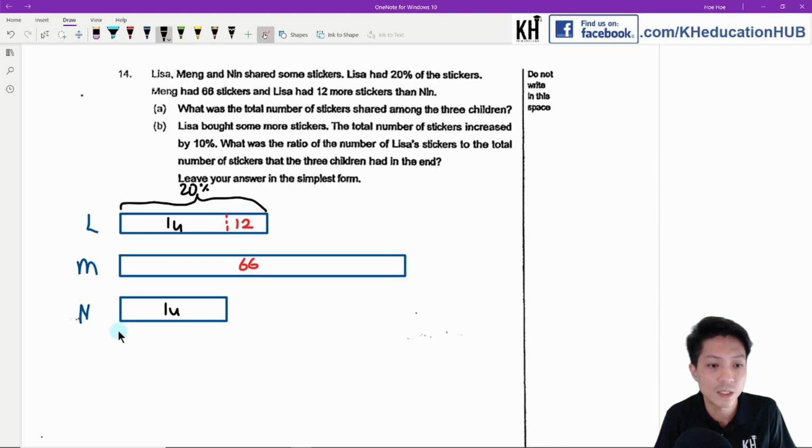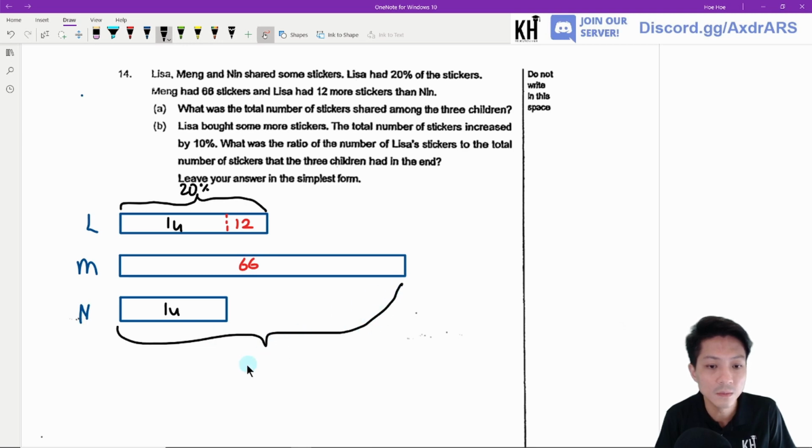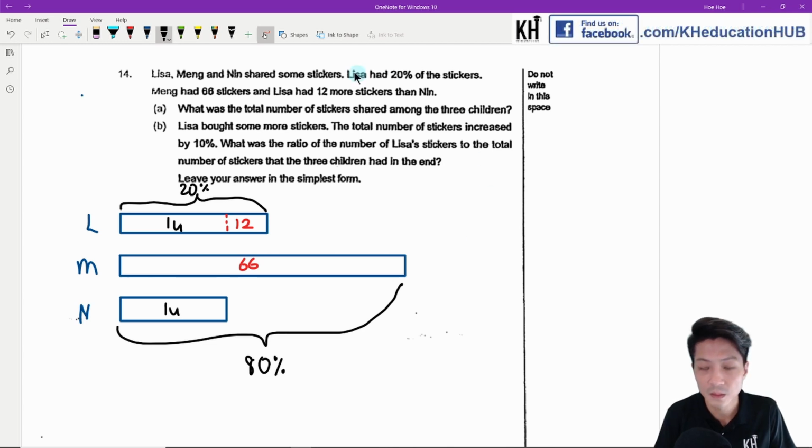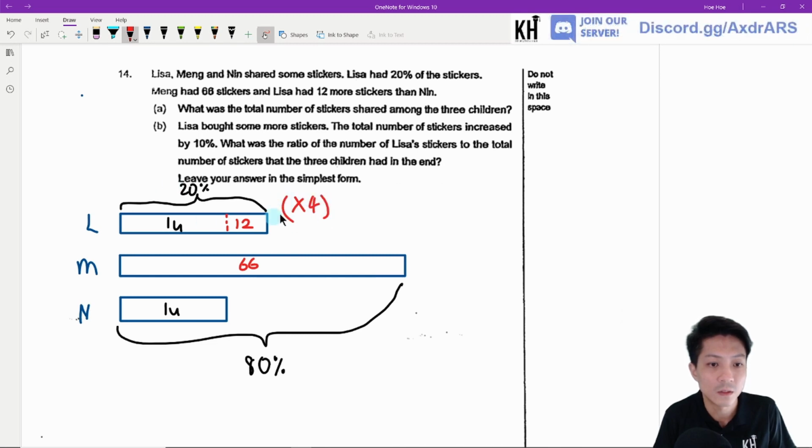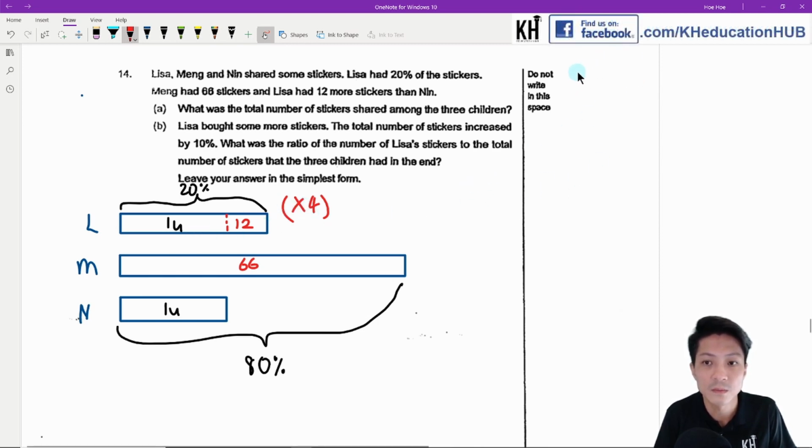Okay, which means that this whole part here is 80%. Okay, so in order to make a comparison, I need to multiply by 4 to this, to make it 80%. So 1 unit times 4, now I can make a comparison over here.